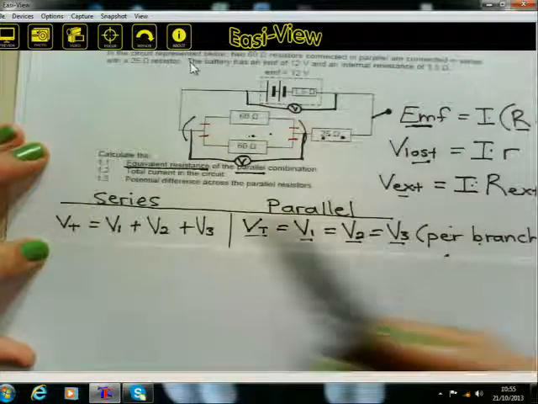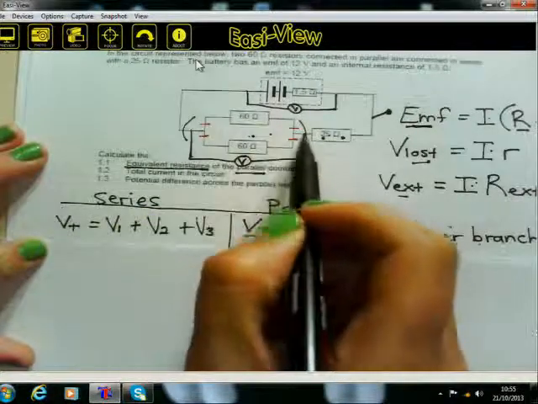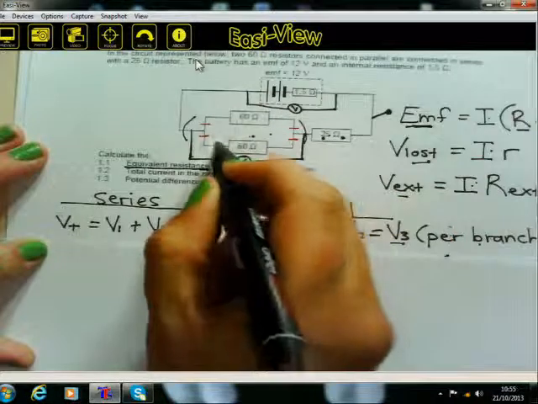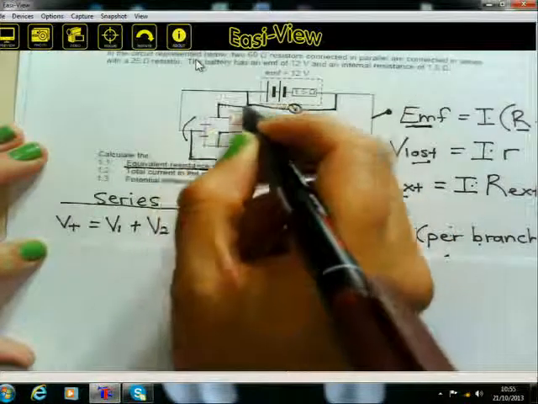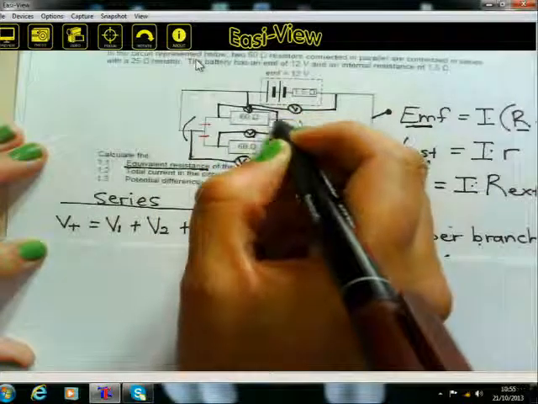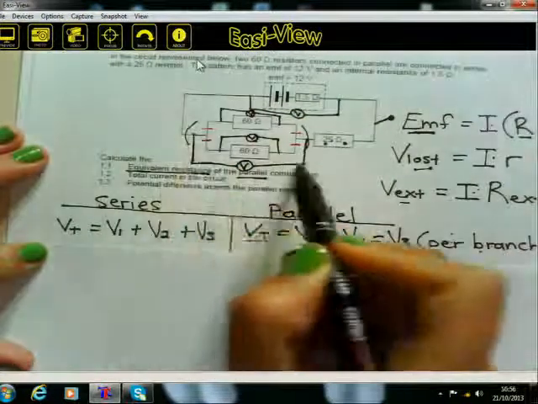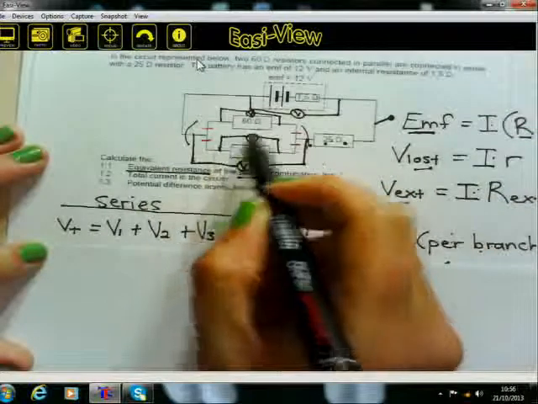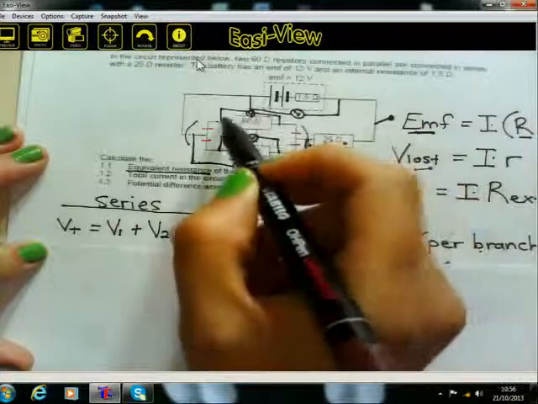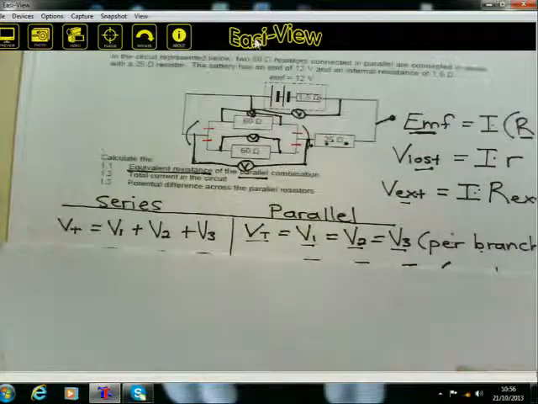In other words, it doesn't matter if we put the voltmeter over the whole parallel part or only over this branch or only over that branch. It makes no difference, because our rule says this voltmeter will measure exactly what that one measures.